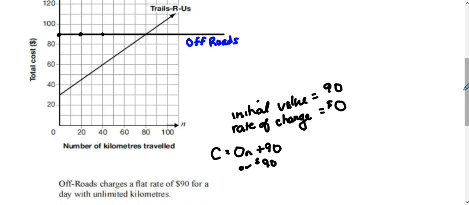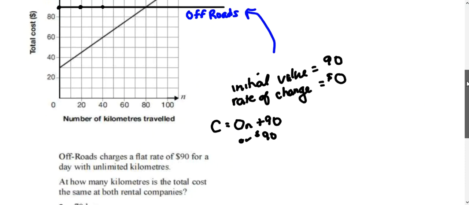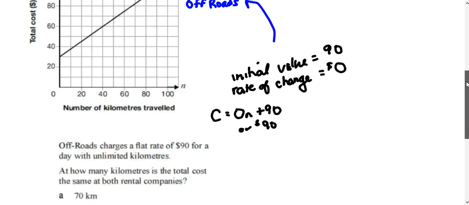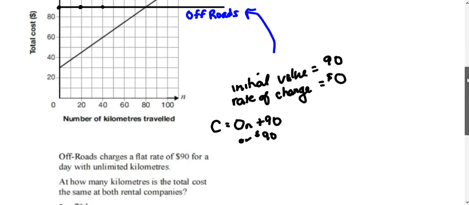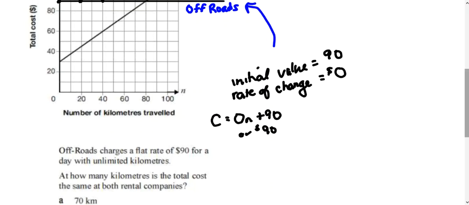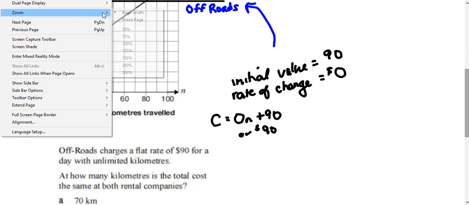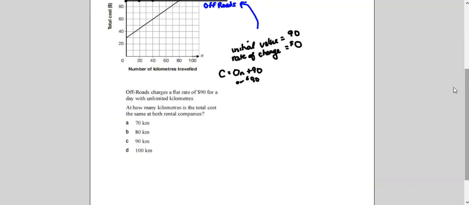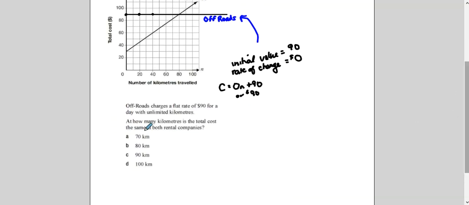Okay, so that's what that piece of information is there. At how many kilometers is the total cost the same at both rental companies? So that's my question. So I'm going to zoom out again because this view is not helping. Okay. So how many kilometers is the cost the same? That's telling me what's the point of intersection.